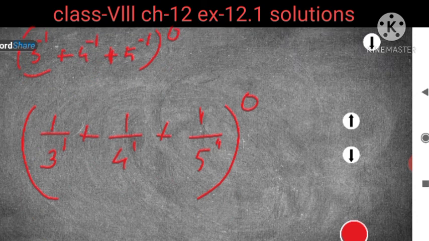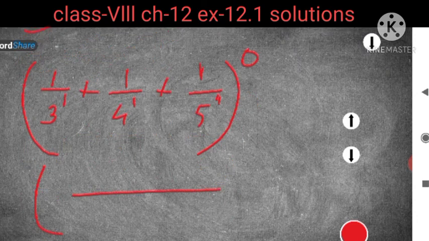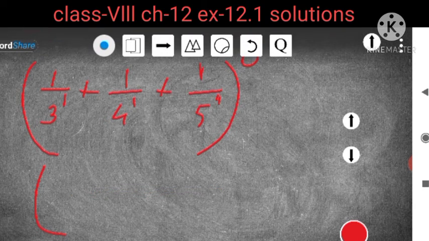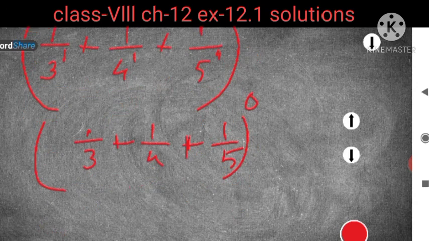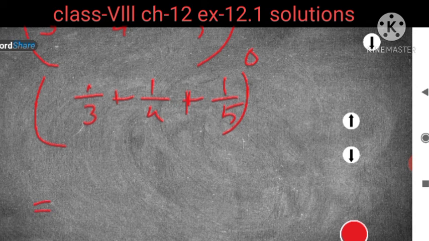Now when you solve all this, what will you get? 1 upon 3 plus 1 upon 4 plus 1 upon 5, and this power is 0, isn't it? Now when you add all this, you have to take the LCM, isn't it? So what will be the LCM?